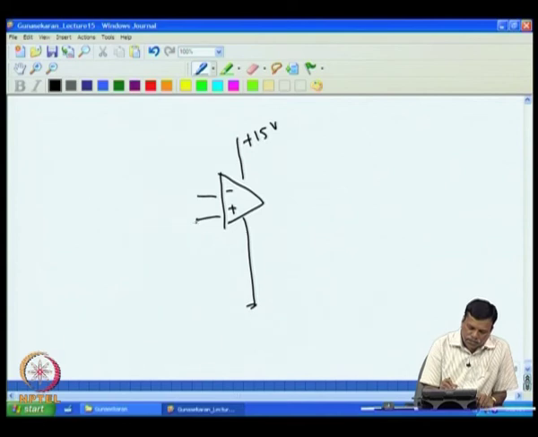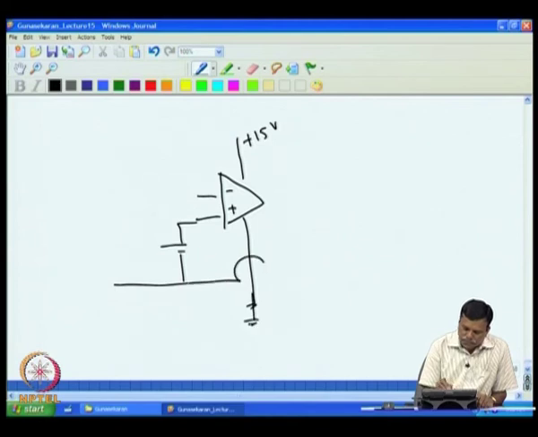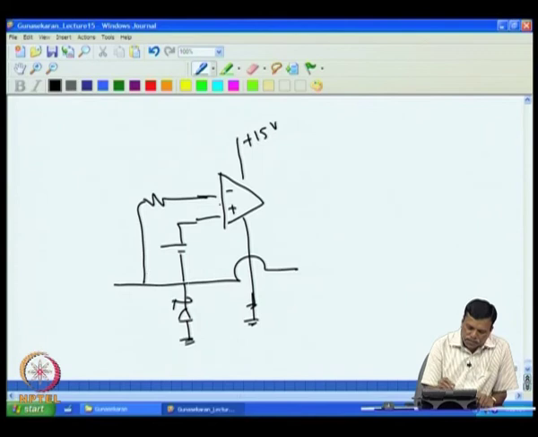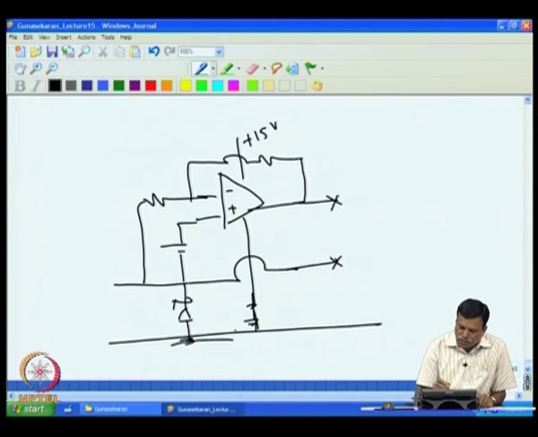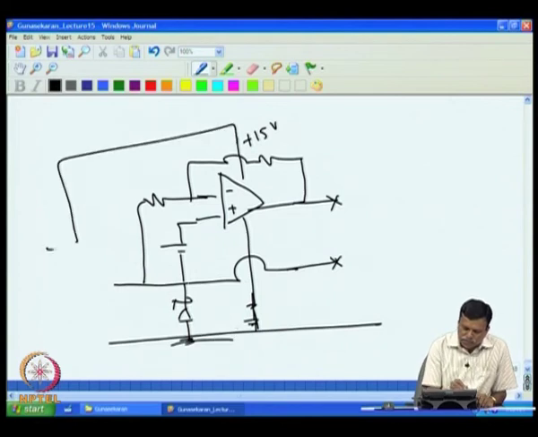For example, if you want to amplify a very small voltage, you amplify through this, then you put a Zener diode here to the actual ground. This is the signal, then all your voltages can be amplified with respect to this ground. Then the output also you measure with respect to this, whereas the input supply is with respect to the true ground, that plus 15 volt ground.